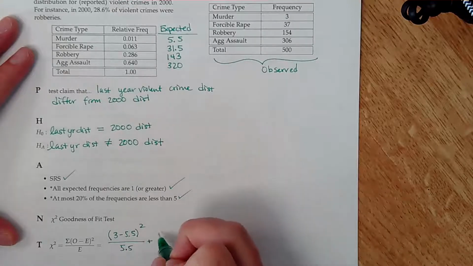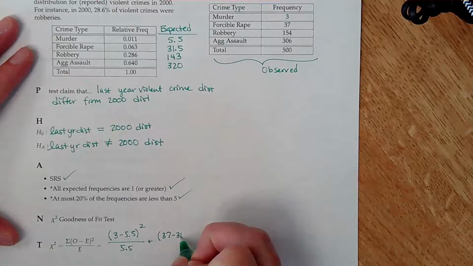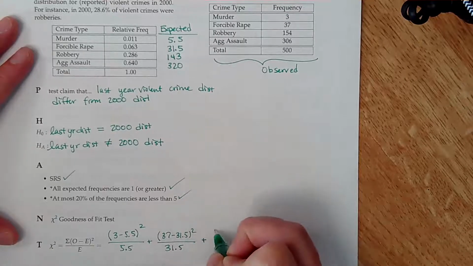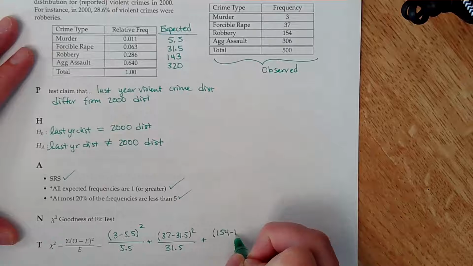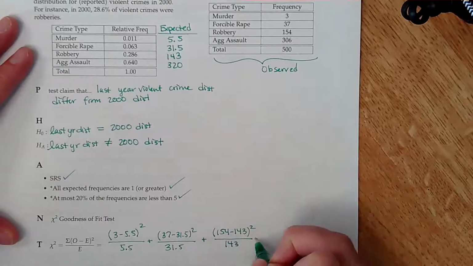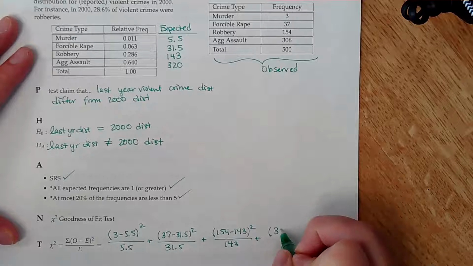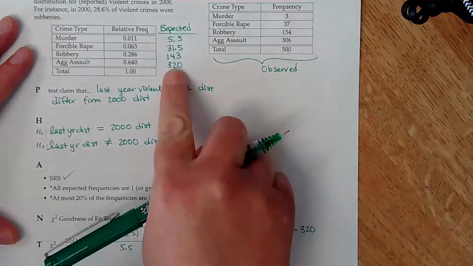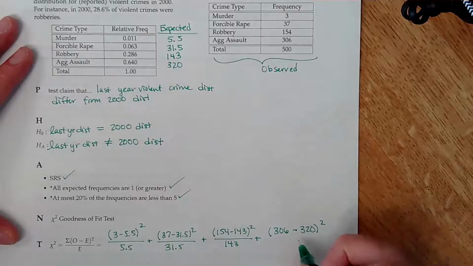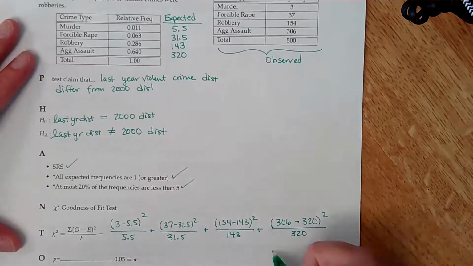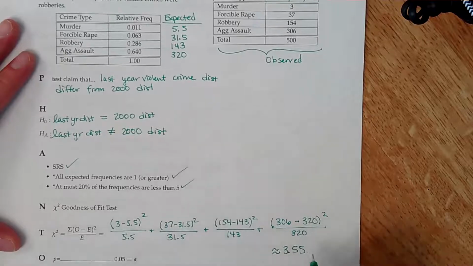For the next one, I have 37 minus 31.5 squared over 31.5 plus 154 minus 143 squared over 143 plus 306 minus 320. So this one minus this one squared divided by 320. And when I punched that into my calculator, I got approximately 3.55.